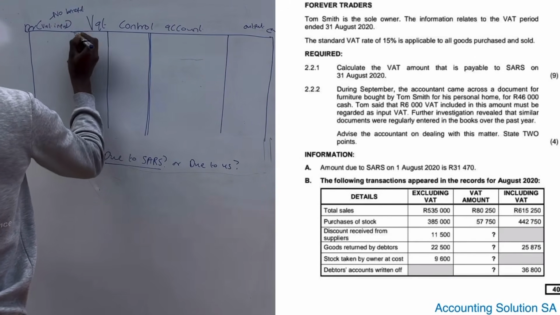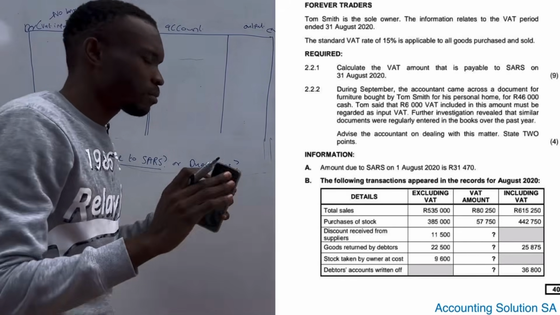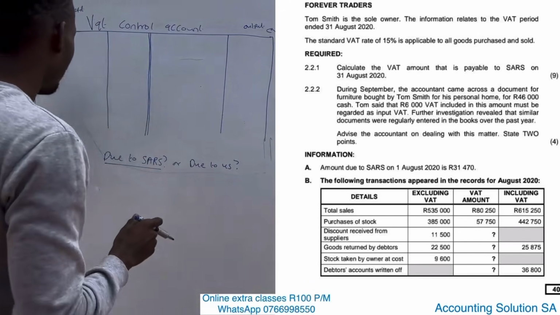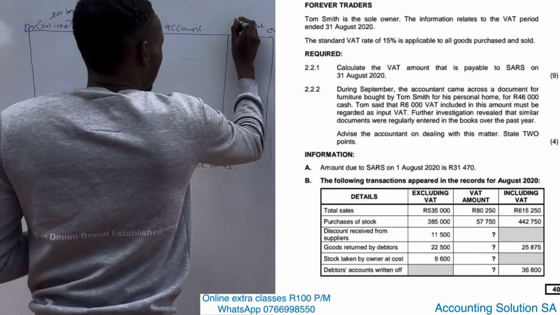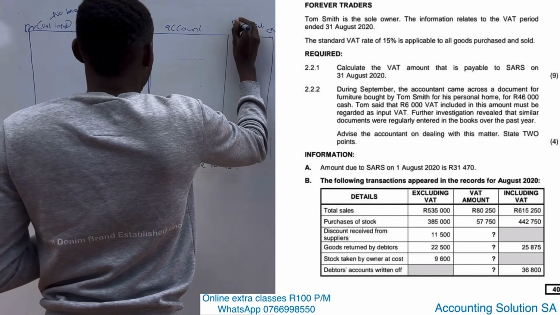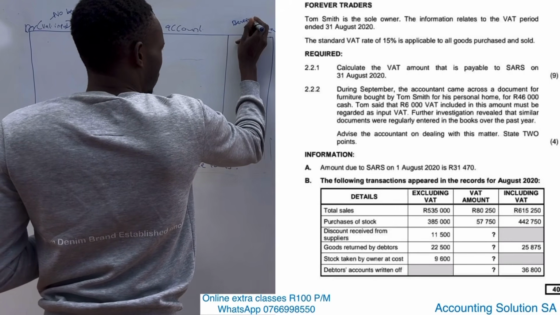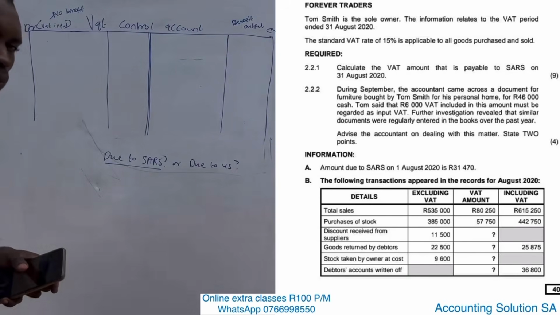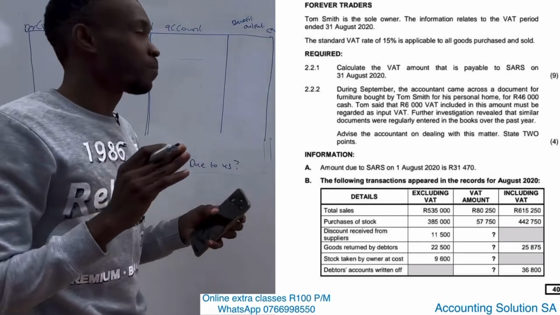Any transaction that does not have a benefit, just make sure that you record it on the debit side. If there is a benefit, just know that we have to pay SARS some cash. How so? I'm going to simplify it for you.